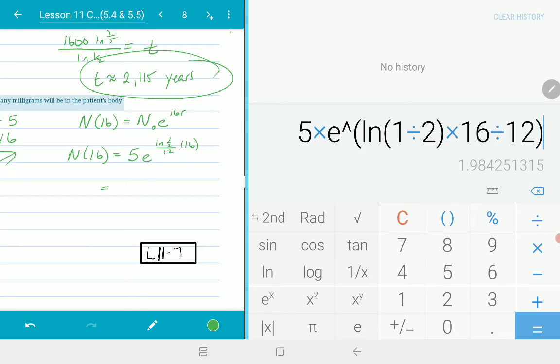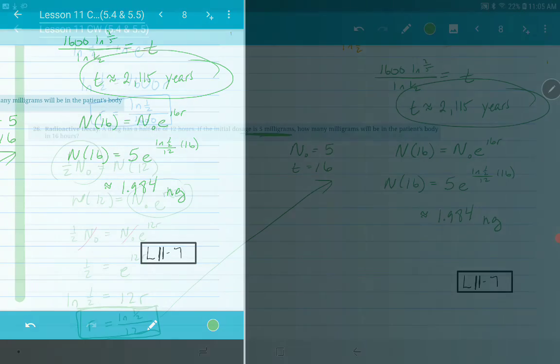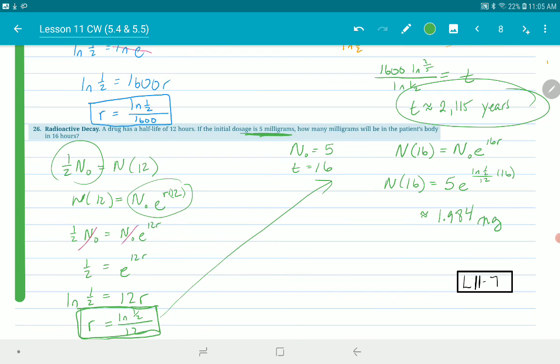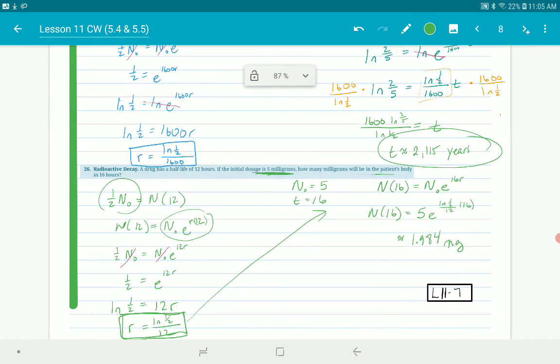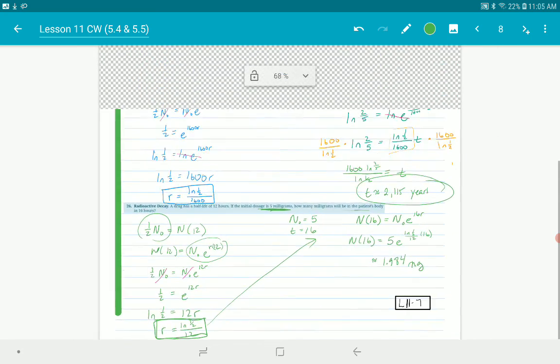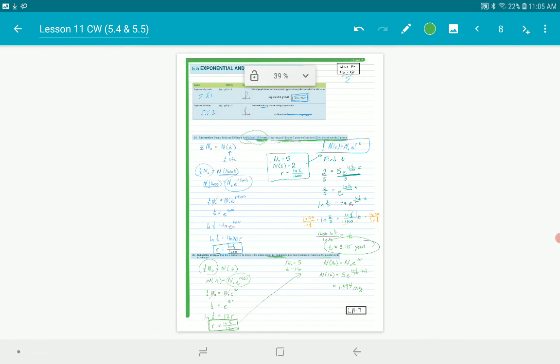And I get, this is going to be an approximate now, 1.984 milligrams after 16 hours. Okay, so that means that after 16 hours, the patient's body will have about 1.984 milligrams of whatever drug this is. All right, and that is exponential decay.